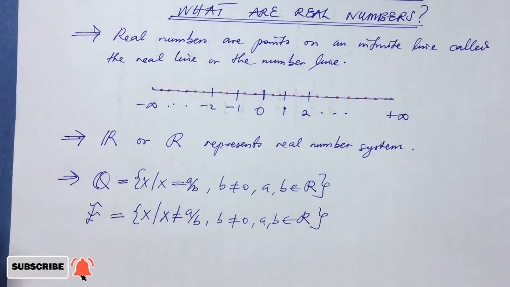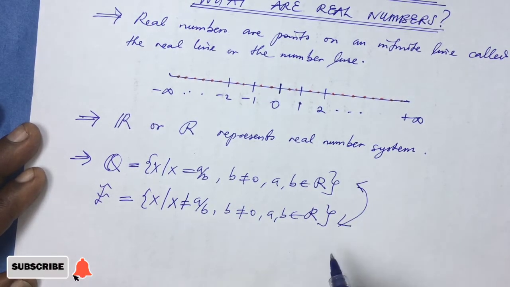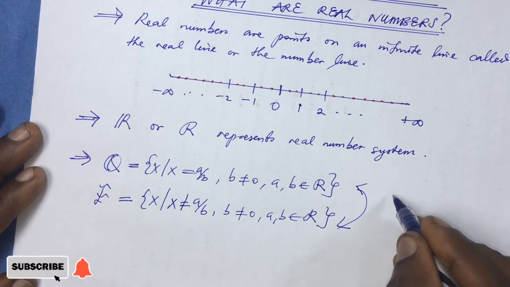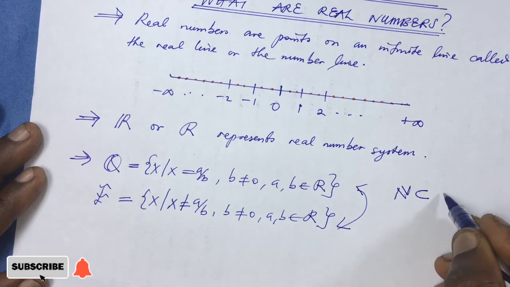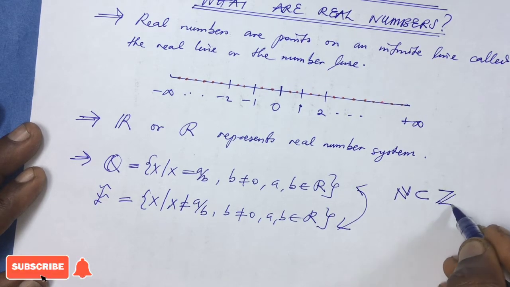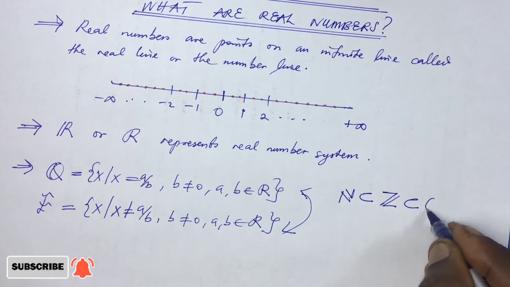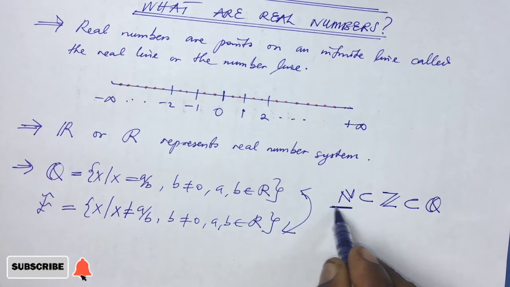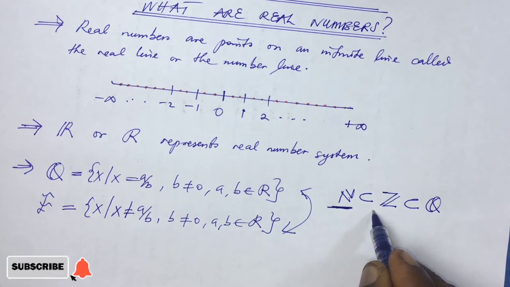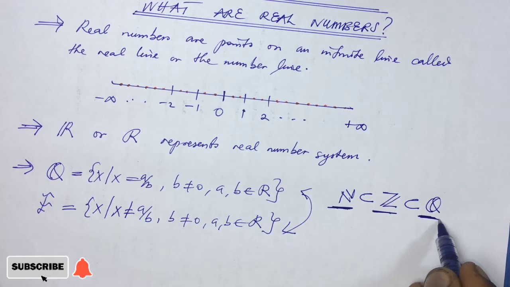So take note, these two sets have nothing in common. On the one hand, the natural number system is a subset of the integer number system, and the integer number system is also a subset of Q. So every system, starting from the smallest, the natural number system, is contained in the rational number system.